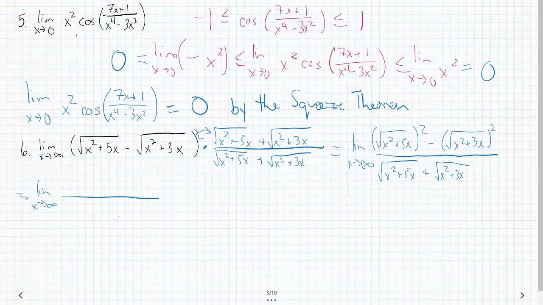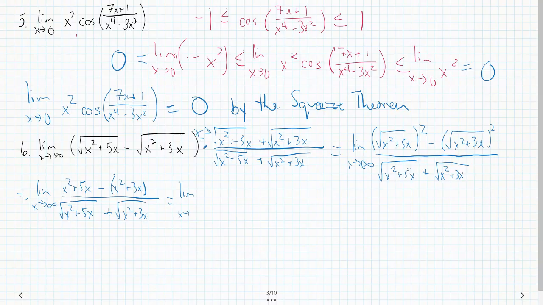So this becomes x squared plus 5x minus, make sure to put that last piece in parentheses since it's the whole part, x squared plus 3x. That's the tricky part for a lot of people. So you get x squared plus 5x underneath that square root, and then we have a plus the square root of x squared plus 3x.